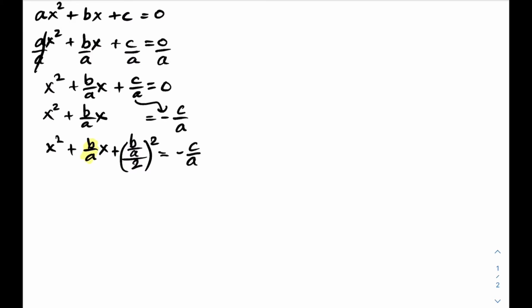When doing that, we'll do the same to the other side of the equal sign so that we don't change the equation. I'll show you how to simplify this real quick.